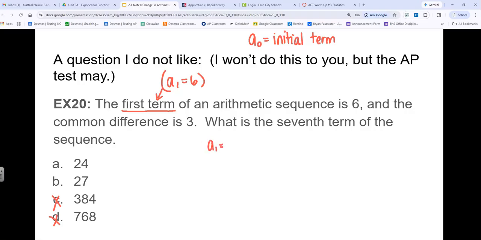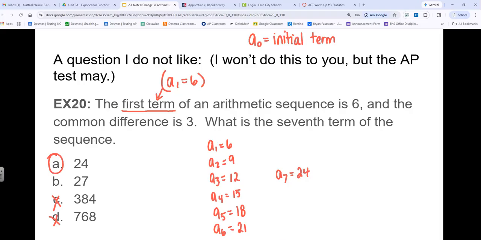If a sub 1 is 6, you can just say, well, a sub 2 is going to be 9, and a sub 3 is going to be 12, and a sub 4 is going to be 15. A sub 5 is going to be 18, and let's see, we got to go to 7. A sub 6 is 21. A sub 7 is 24. And that'll be your answer.